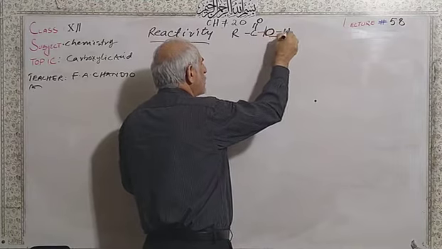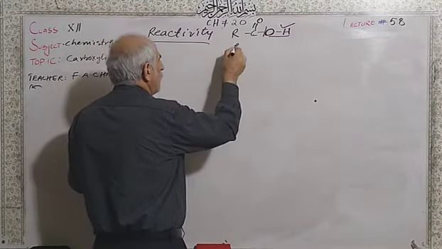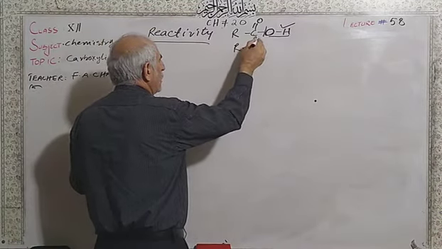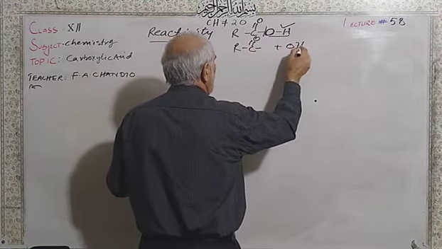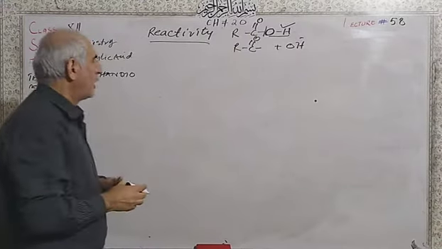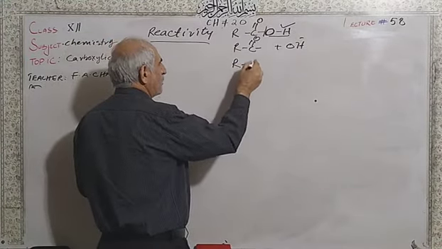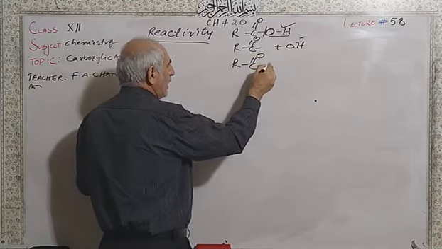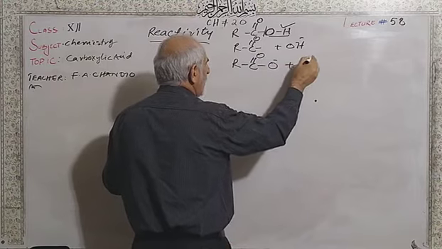Means this OH is going to be removed. So you will get like this one, OH removed. I will explain. Number one. Number second is the breaking of the oxygen and hydrogen bond.